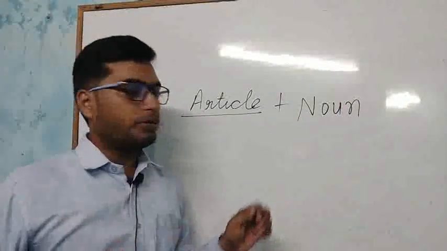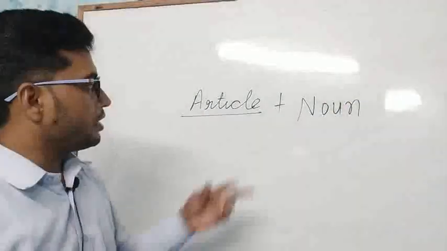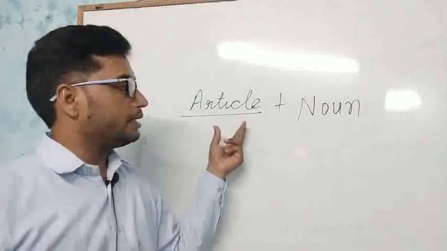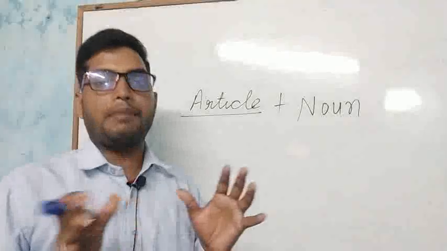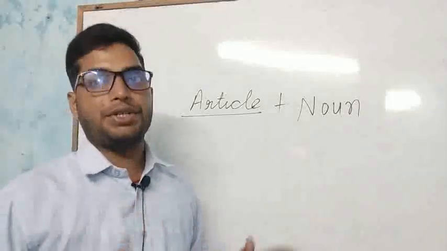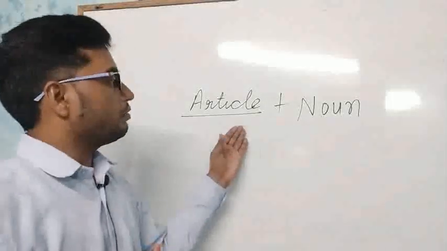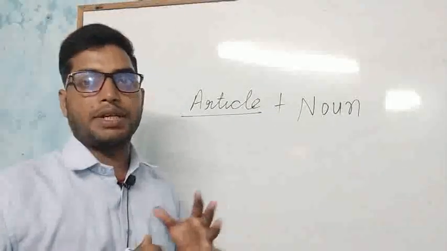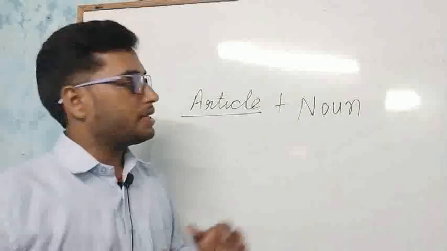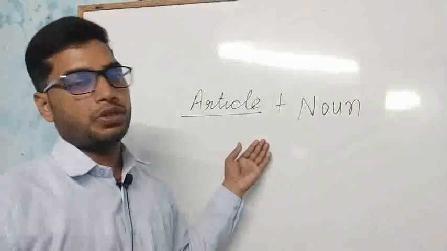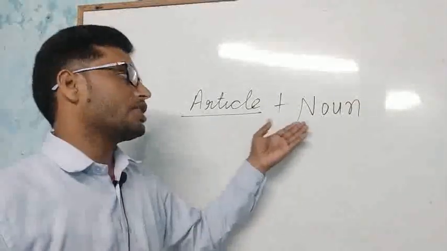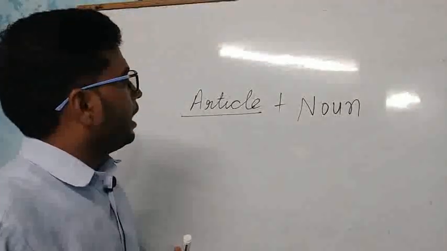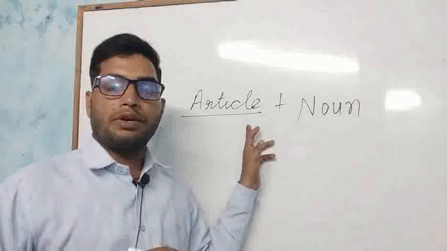Why does it come before noun? Because this is a part of determiner, right? Article is also a family member of determiner. That's why it always comes before noun, like determiners. Each and every determiner has this characteristic.